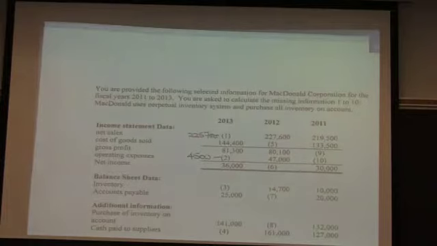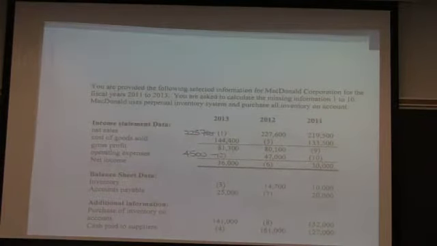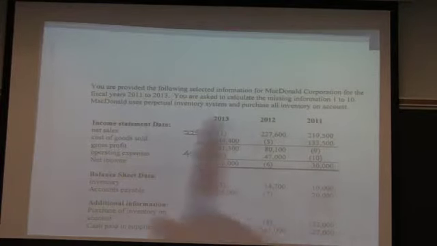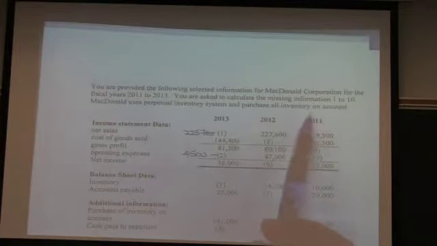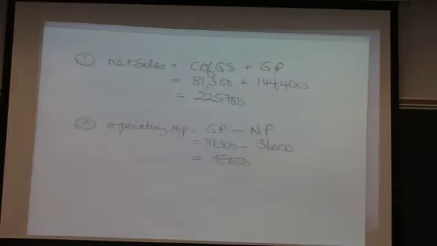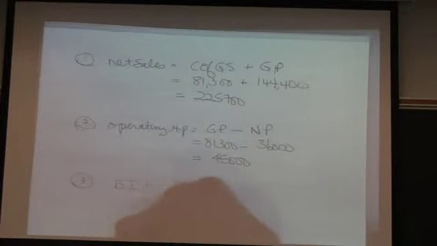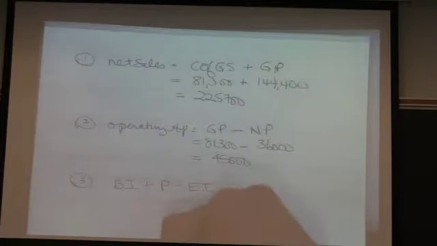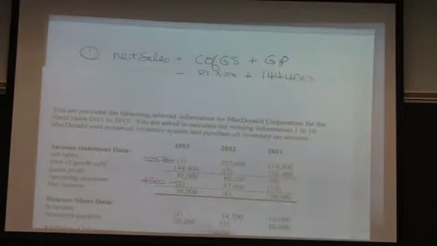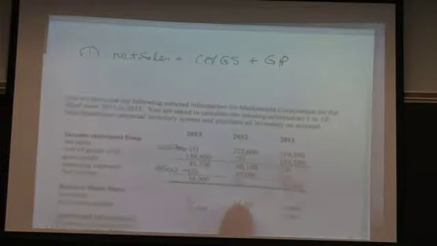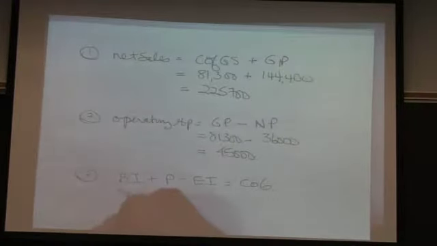Now, let's see if we can solve number 3. Number 3 is our ending inventory, and we're told that inventory purchases are all on account. So the best way to solve number 3 is to use the equation beginning inventory plus purchases minus ending inventory gives you cost of goods sold. We do know that the beginning inventory is last year's ending inventory, so that was 14,700.